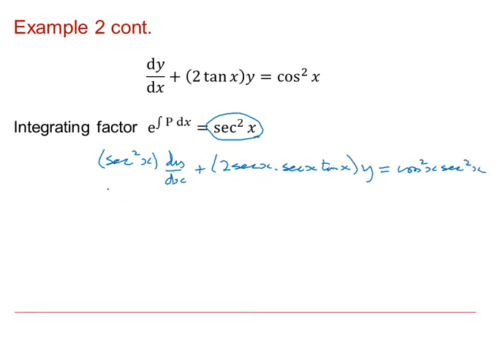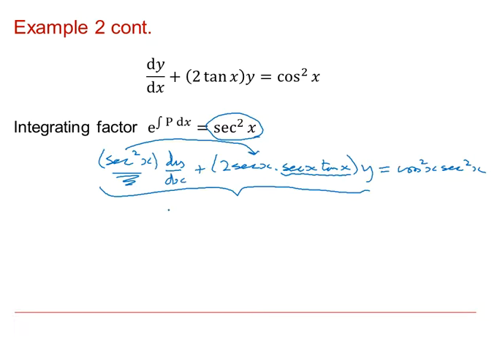We should always check that we do have a derivative of a perfect product, and the way to check is if we differentiate sec squared x, do we get that second bracket? And we do. If you differentiate sec squared x, you get 2 sec x times the derivative of sec x, which is why I've written it in that form.